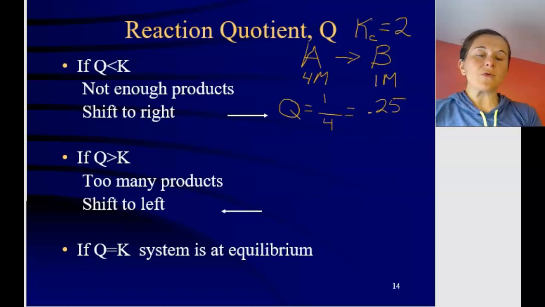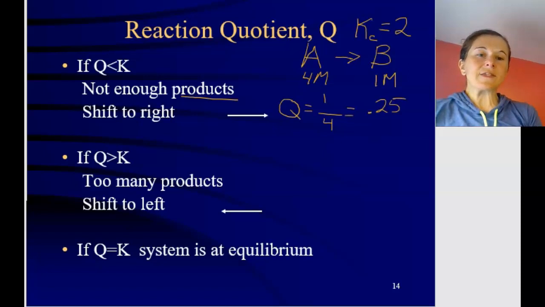So if Q, where we are right now in this moment, is smaller than K, then we don't have enough product. And that means that we're going to shift to the right and we're going to be making more product.